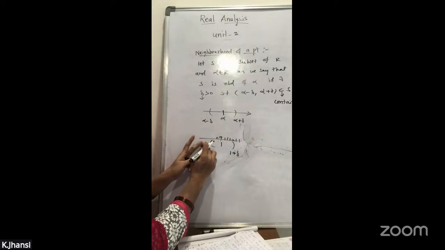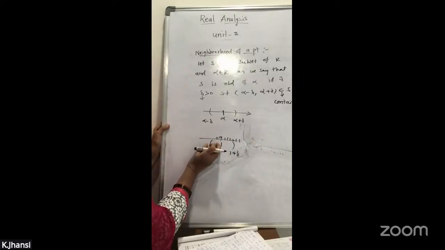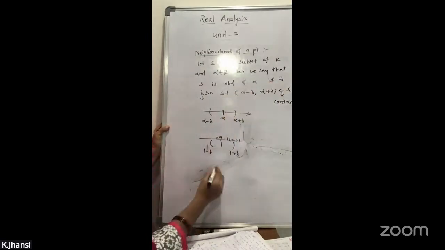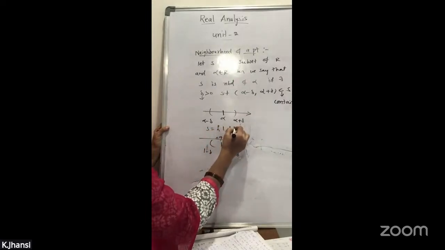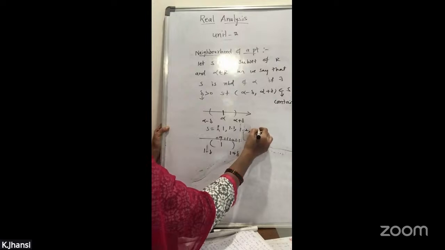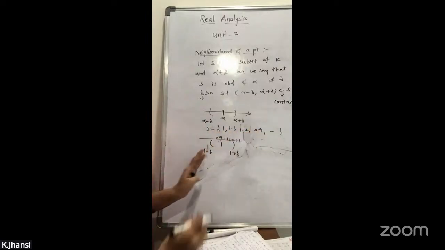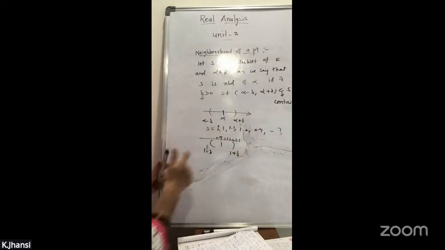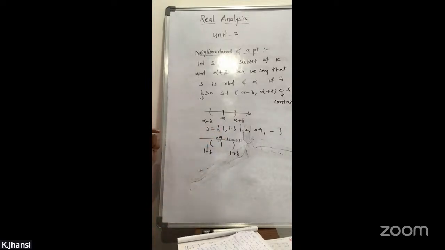So these values, 0.9, 0.8, and also these values should be present in the set S. If the set S contains these neighborhood values, then we call the point 1 a neighborhood point of the set. Okay.